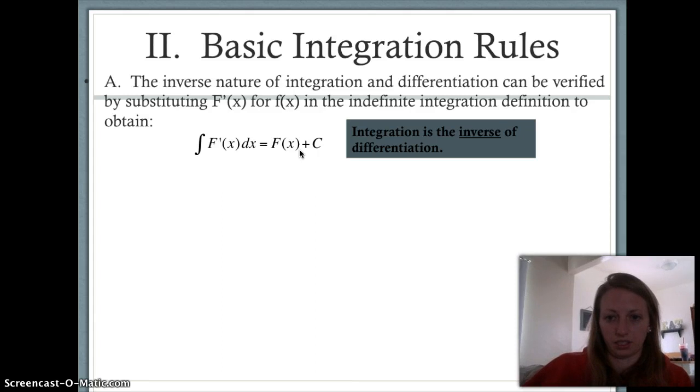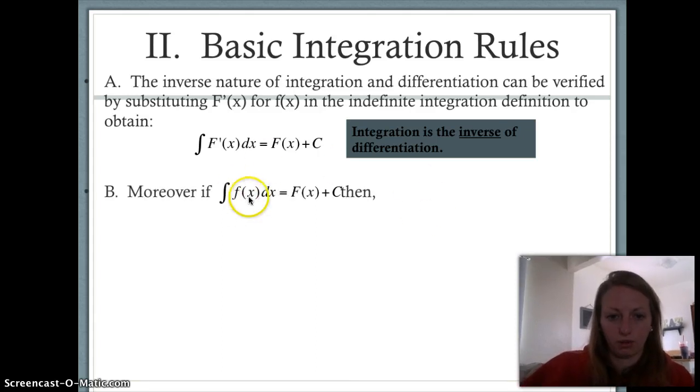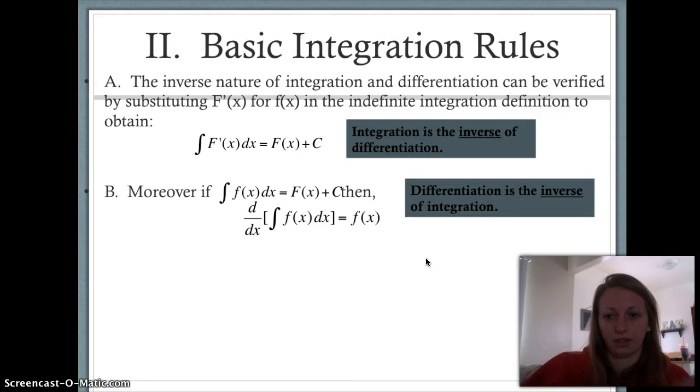They are inverses. And if you take the derivative of a function and integrate it, you get the function back. d/dx, remember, is taking the derivative. So these are equivalent things. Differentiation is the inverse of integration. They work together.